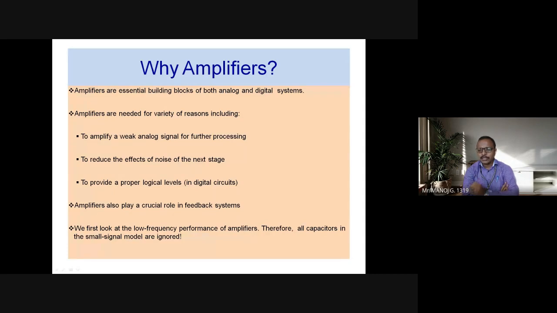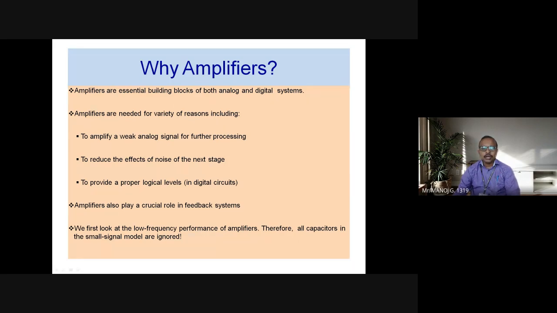You will not be able to send a real-time signal into any system without an amplifier. Okay, that important, is it? If you want to process any real-time signal, the amplifier plays a huge role.